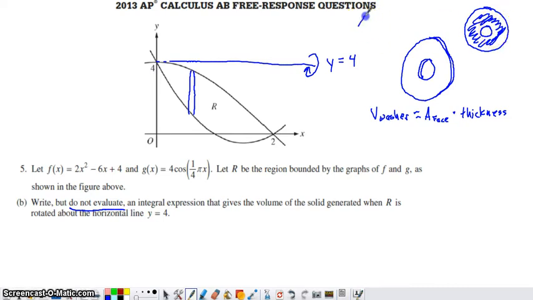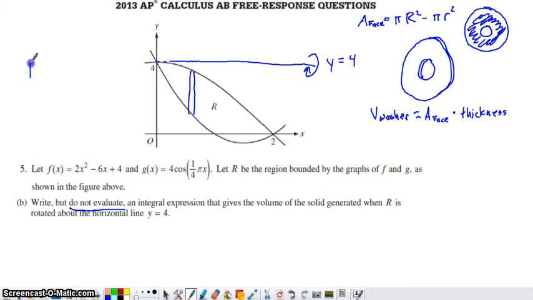So the area of the face is found by taking pi times the outer radius squared, and for the outer radius I'm going to use a capital R to represent the big radius, minus pi times the inner radius squared. So now it's a matter of figuring out what big R and little r actually are.